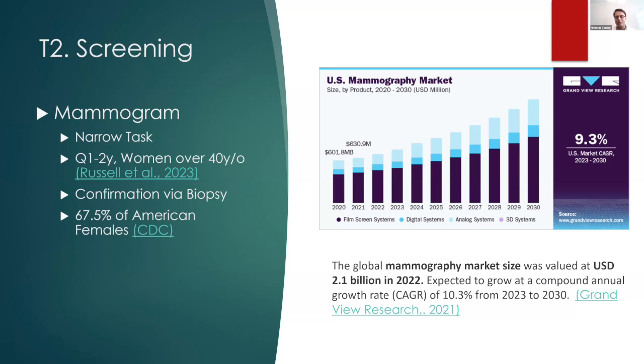And then it ultimately will have to be biopsied, so we're not completely relying on AI for diagnosis. Also, in 2020, the United States healthcare spending was $600 million, and the global market for mammography was $2.1 billion. So there is a lot of financial pressure to have a computer program do this, which would just be cheaper than a fellowship-trained radiologist. So I think that's a very exciting area.